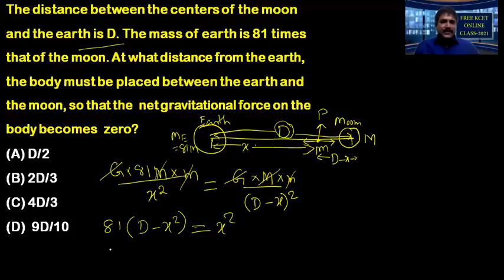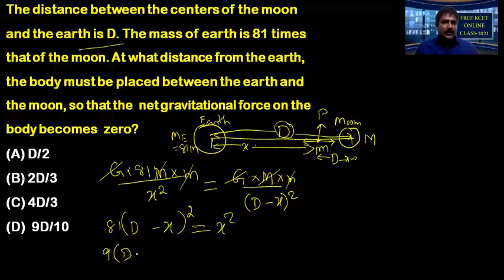So we can go by taking the square root. Cross multiplying, it is 81 into (d minus x) whole squared equals x squared.